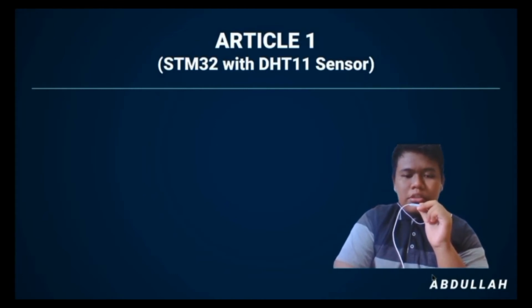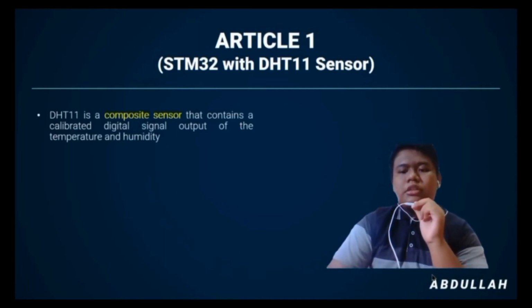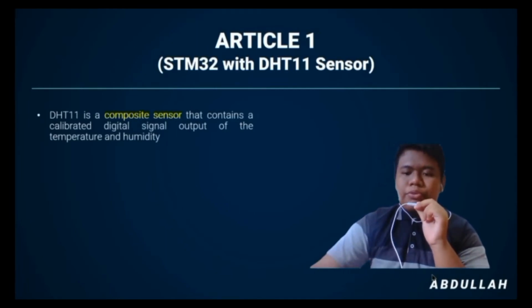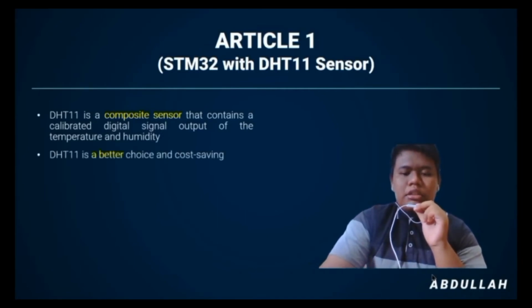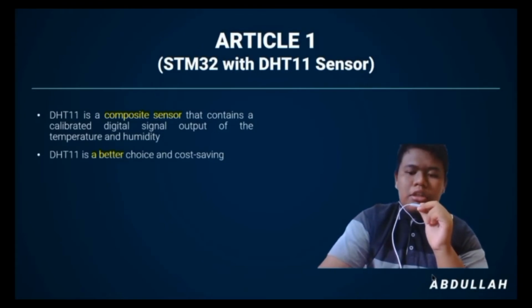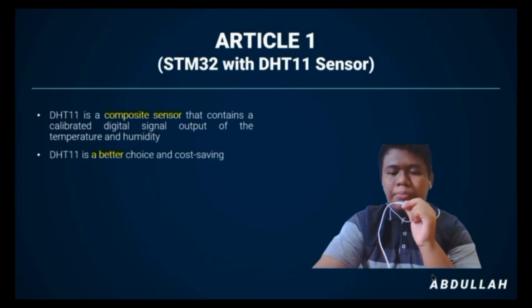DHT11 is a composite sensor that contains a calibrated digital signal output of the temperature and humidity. The DHT11 sensor is also very cheap, so we use it in our project.